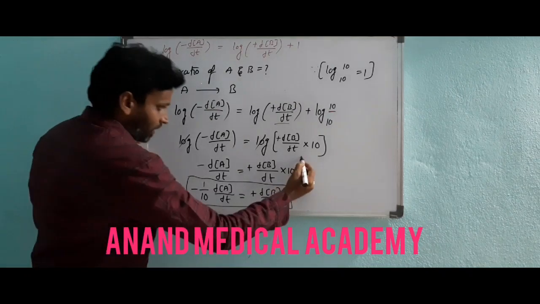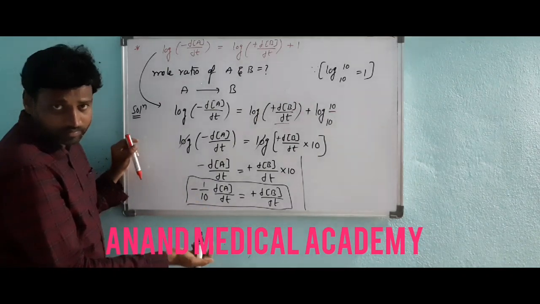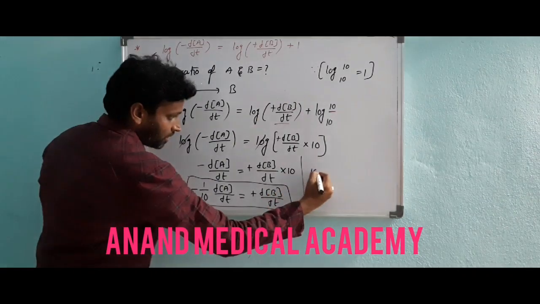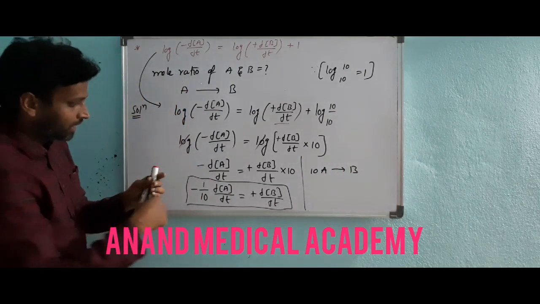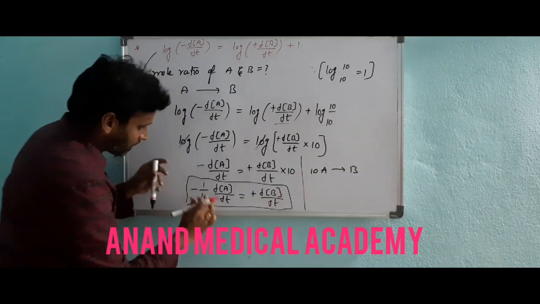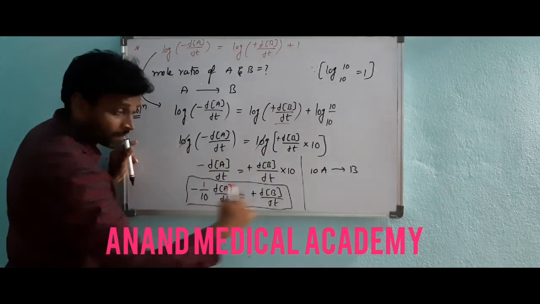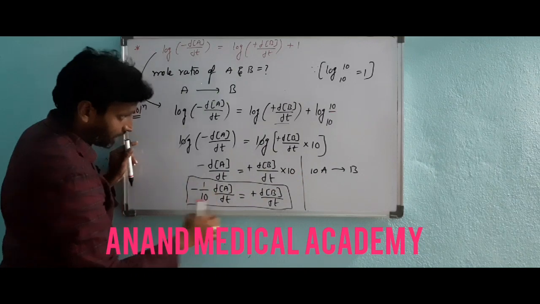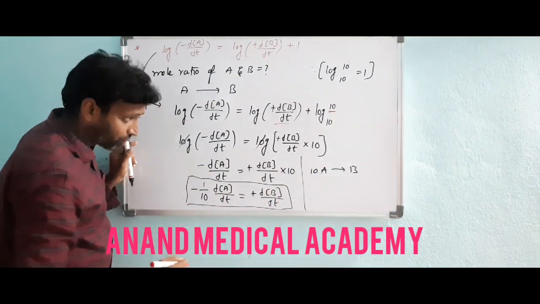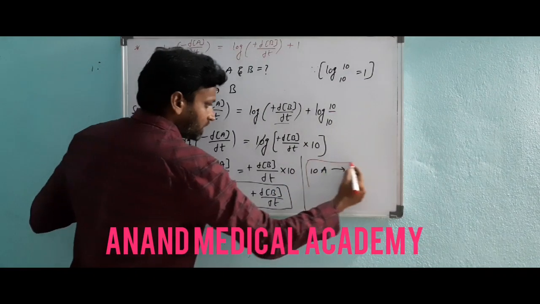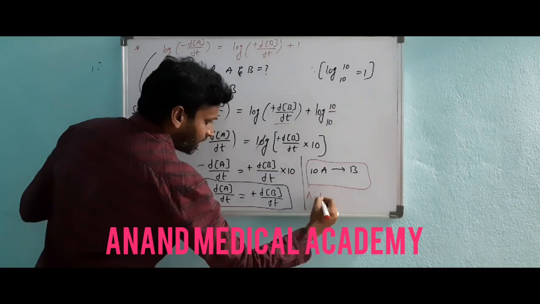I told you, from this information you can write. If you write 1 by 10, it means 10 moles of A. Right? I told you like this: 10A gives rise to B, I can write now. Because here nothing is there, so 1; here 1 by 10 is there, so 10 moles. I told you yesterday from the reverse: if 10 moles is there, it's 1 by 10; if 1 by 2 is there, you have to take 2. So from this information, what is the mole ratio of A and B?